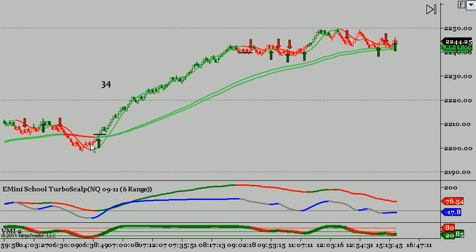A normal person would think we are going to do exactly what we just did right here, which would mean from here we go up another 34 points. But in reality, it's probably not going to do that.